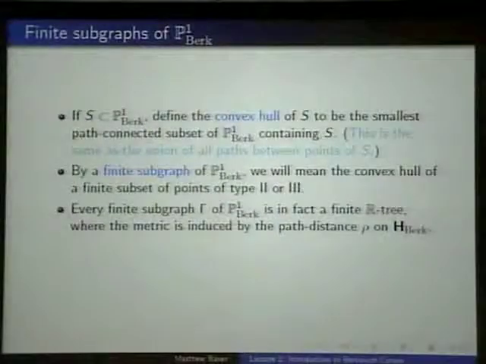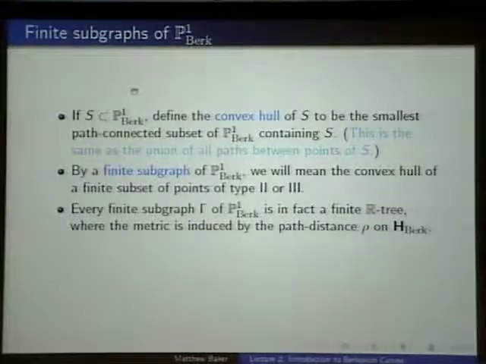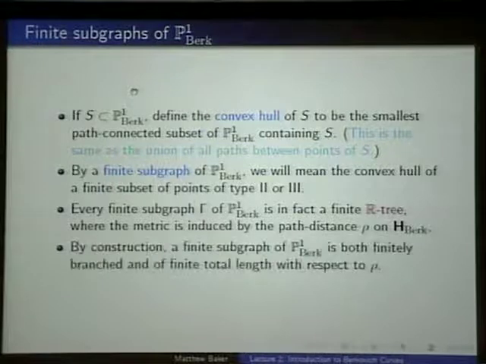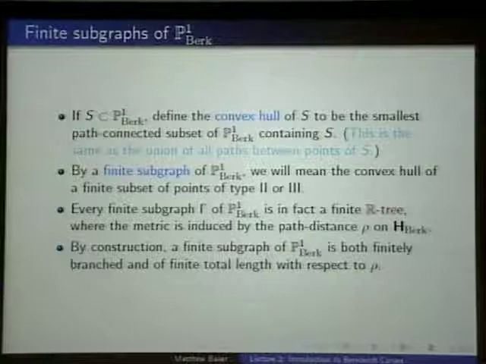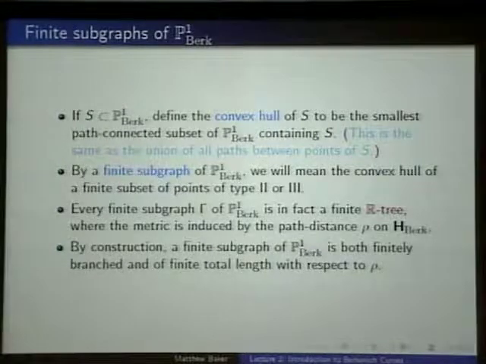But yes, you should imagine that you can take some combinatorial model and vertices are mapping to vertices. And so this is just a loose term right now, which we'll need more axioms to make a usable notion. I just wanted to be able to talk in general about these inverse limits. So by construction, a finite subgraph is finitely branched and has finite total length with respect to the path metric.